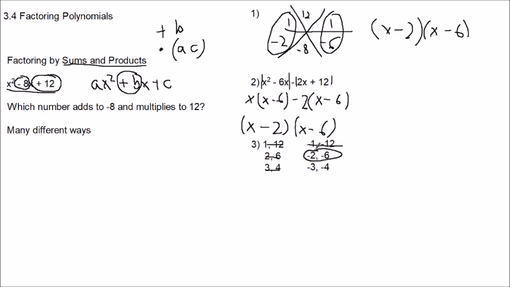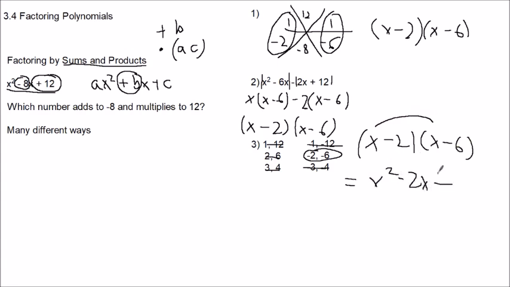So we're going to choose that. And then we can just write it out: x minus 2 times x minus 6. And that's the answer. Then we multiply it out using the FOIL method. We'll get x squared minus 2x minus 6x plus 12, which gives us x squared minus 8x plus 12. So the factoring method does work.